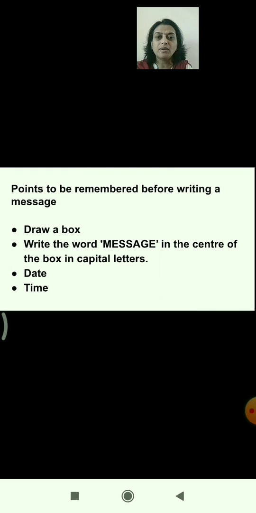So it will give a clear idea to the receiver, those who are going to receive the message, that it is the message written today and at what time.